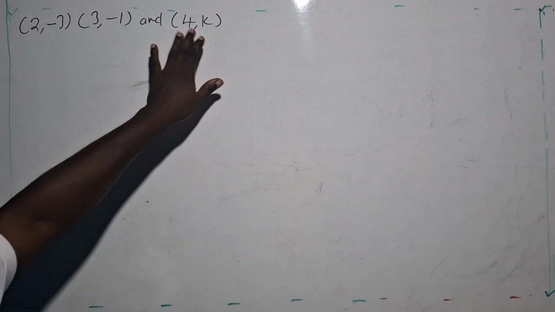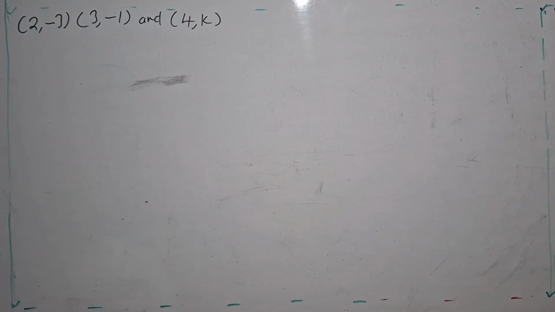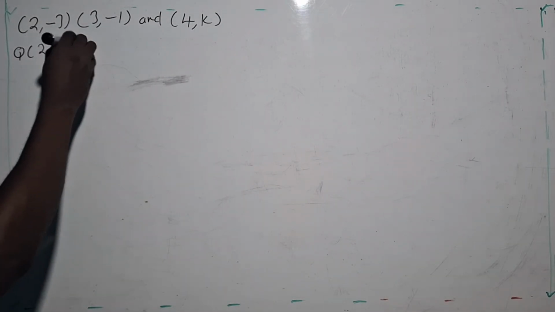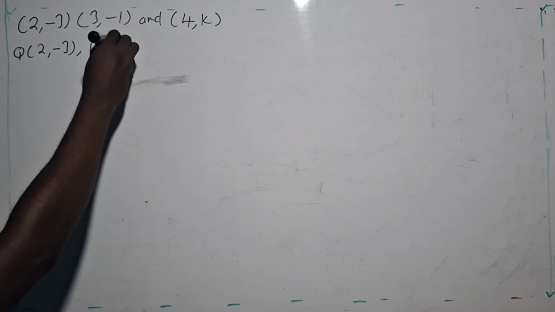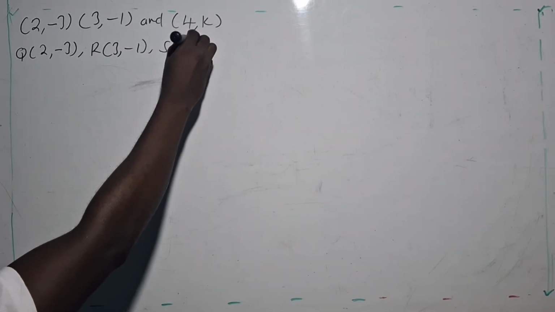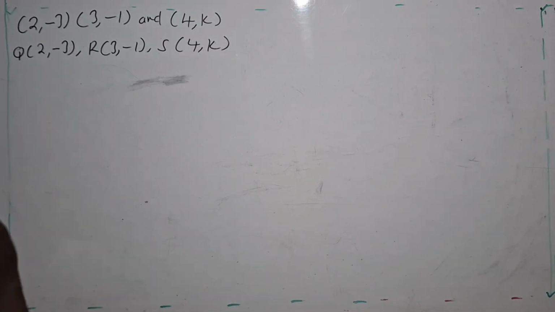So they say we should find the value of k. How do we do that? So let me label these as Q (2, -3), R (3, -1), and S (4, k).